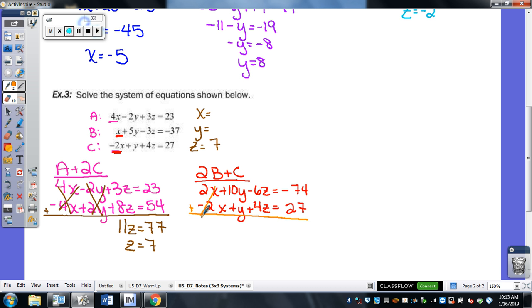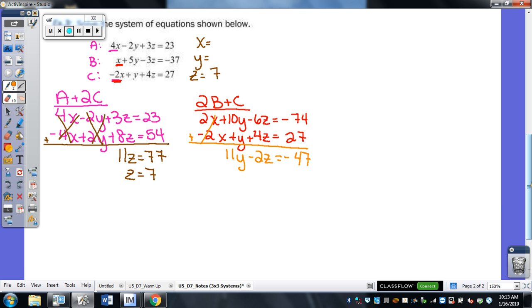So add those together, our x's are gone, like we wanted. 10y plus 1y is 11y. Negative 6z plus 4 is negative 2. Negative 74 plus 27 is 47. Yep.